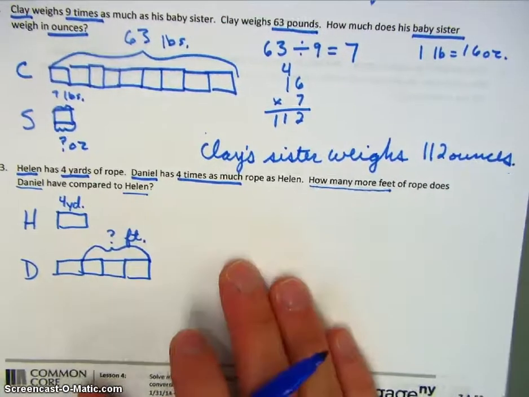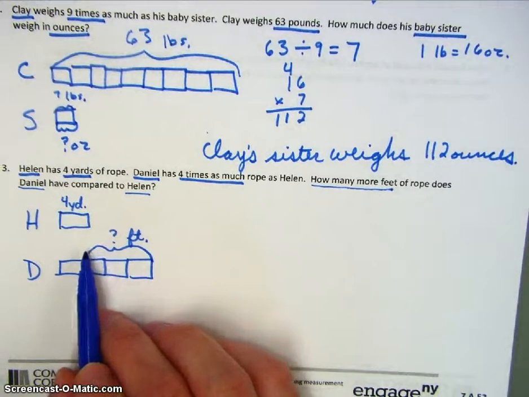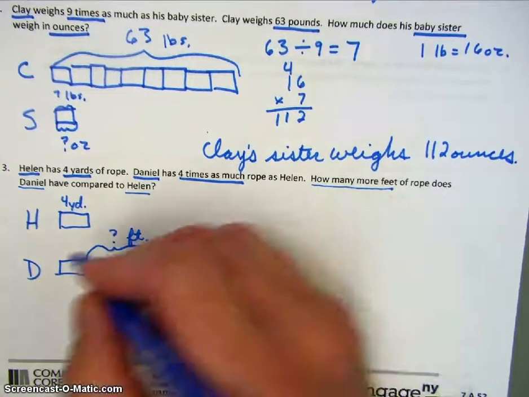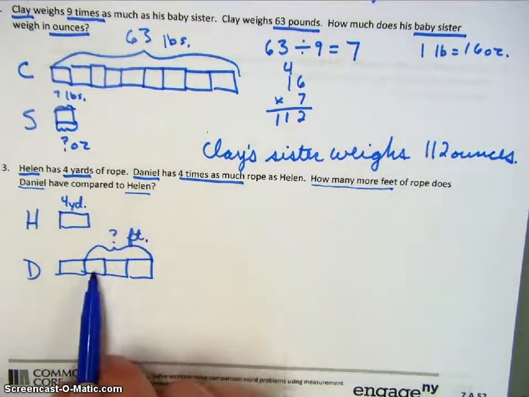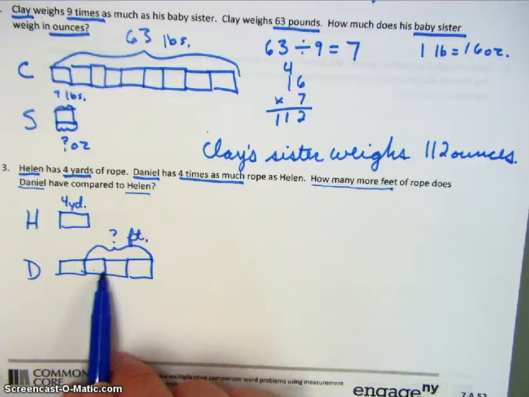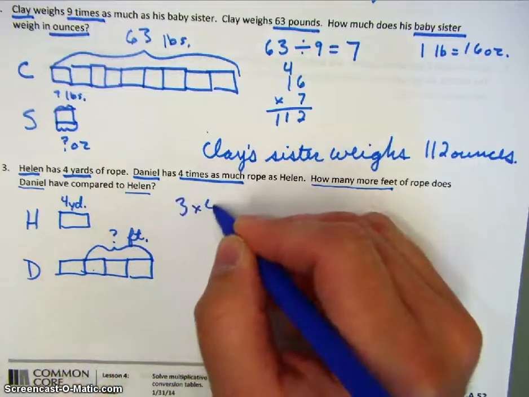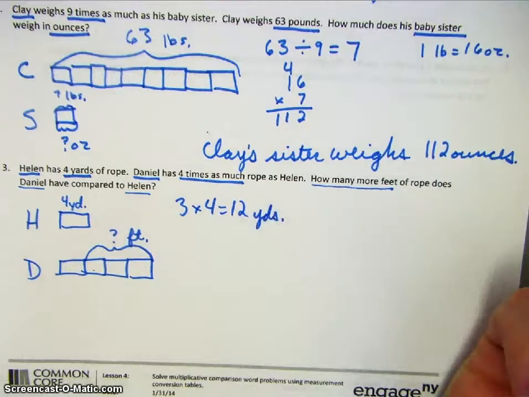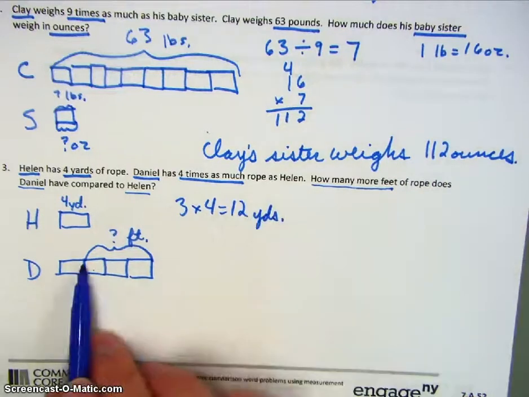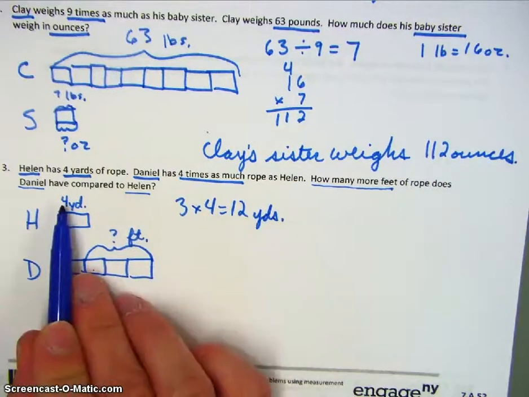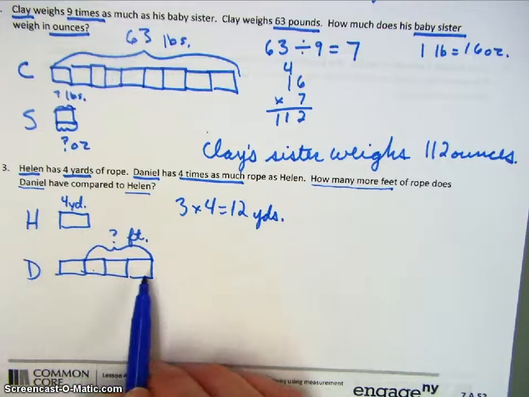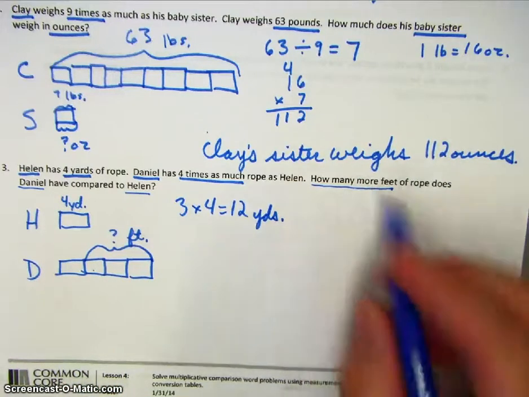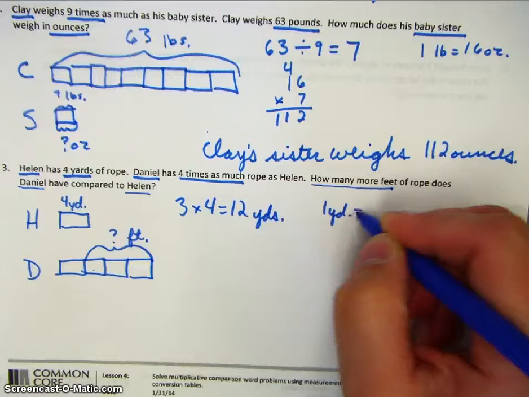So we have how many more. We want to know how much more Daniel has than Helen. We can see right here from our tape diagram that we have 3 sections of 4. So Daniel has 12 yards more than Helen, because we have 3 sections of 4. Now what we need to do is convert those 12 yards into feet. Remember that 1 yard is 3 feet.